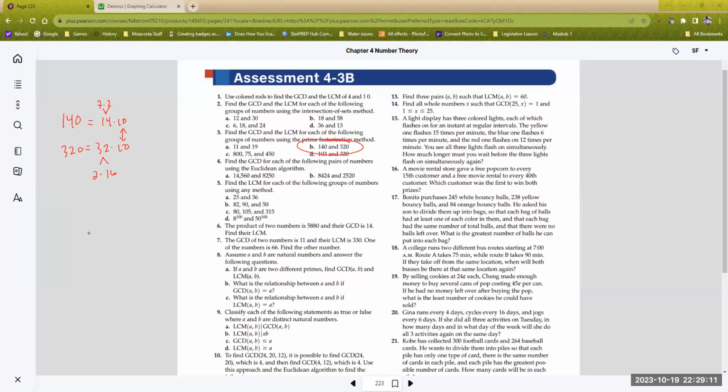And then all you have to do is compare. Hey, I have 10s that are common. I have 2s that are common, and then I happen to have a 16 and a 7, and those don't have anything in common. So my GCD is 2 times 10, which is 20. And that's how you can get there pretty quickly.